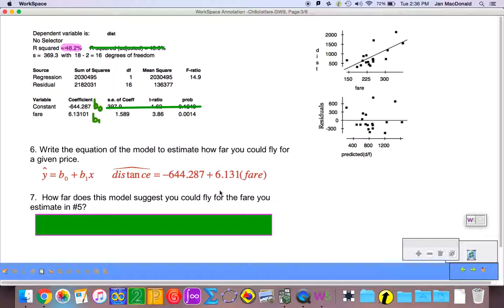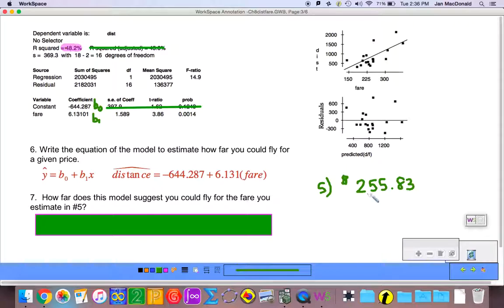How far does this model suggest you could fly for the fare you estimated in number 5? So let's take a look at number 5. What did we remember from number 5? Well, the fare that we estimated in number 5 was $255.83.